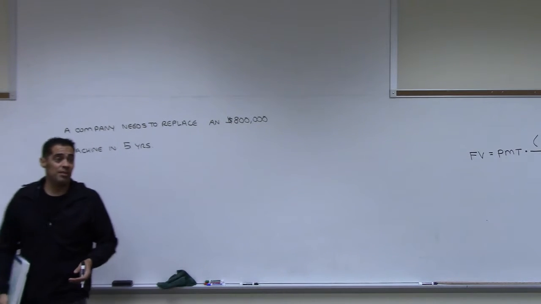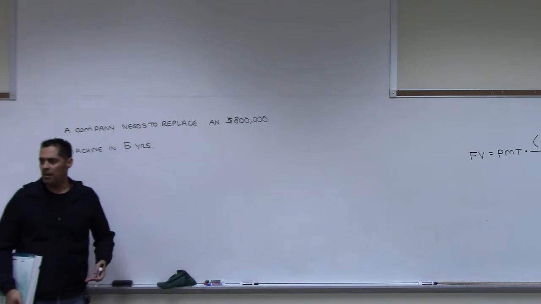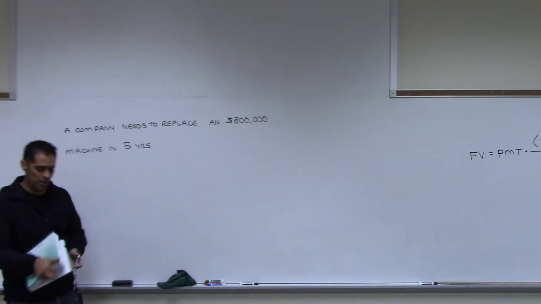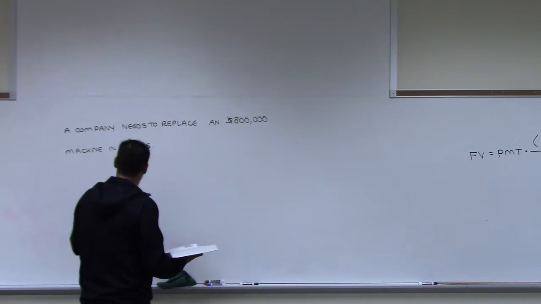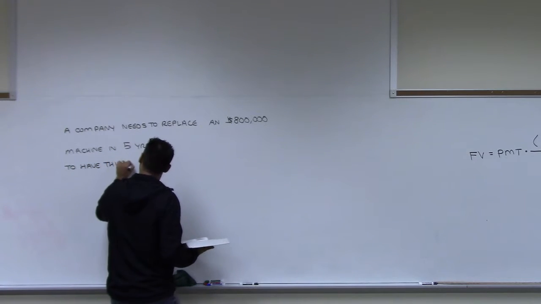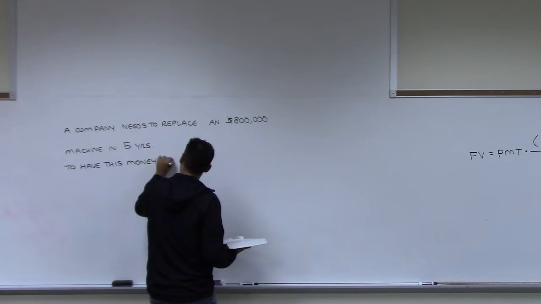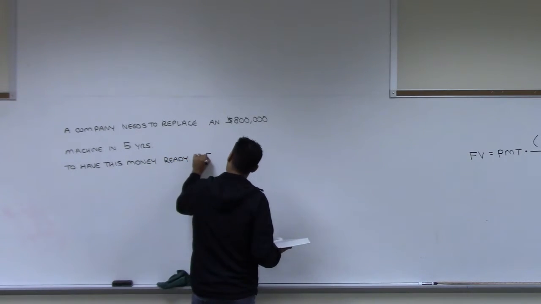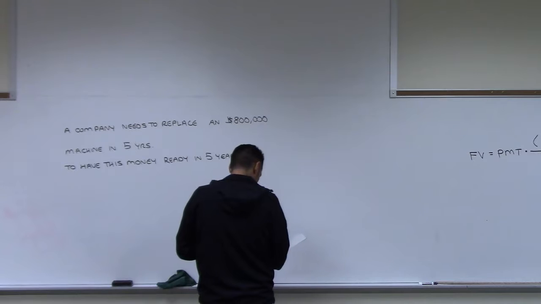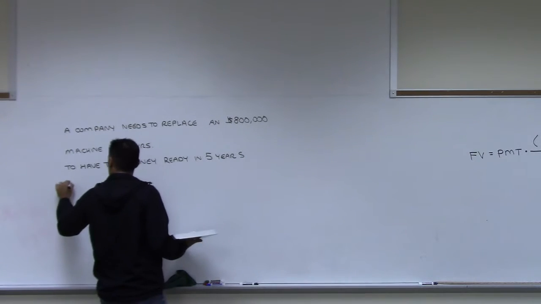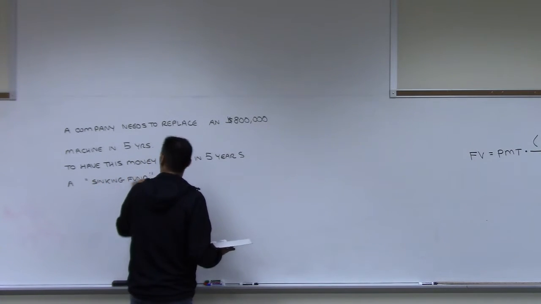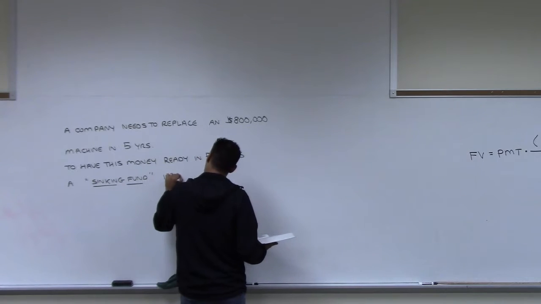Now, you don't want to have to just, at the end of 5 years, just cough up $800,000. So you're gonna start actually saving for this purchase that you're gonna have to make in 5 years, right? So here's how it goes. To have this money ready in 5 years, a, quote, sinking fund, this is what we call these, a sinking fund is created.